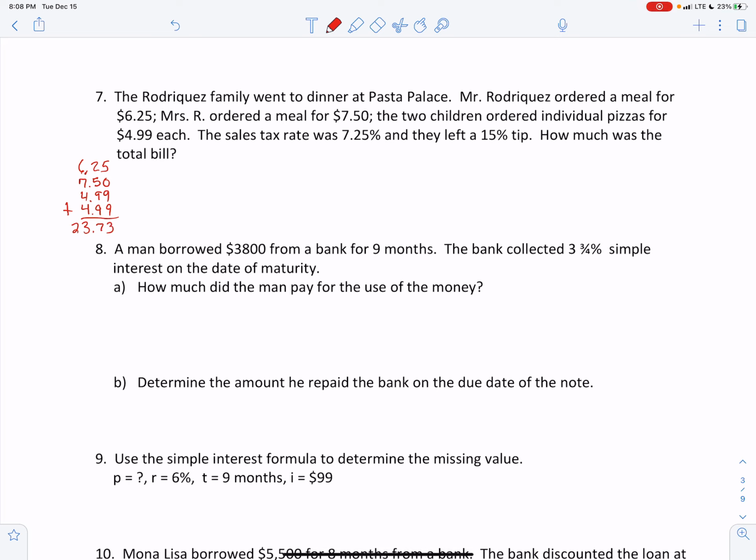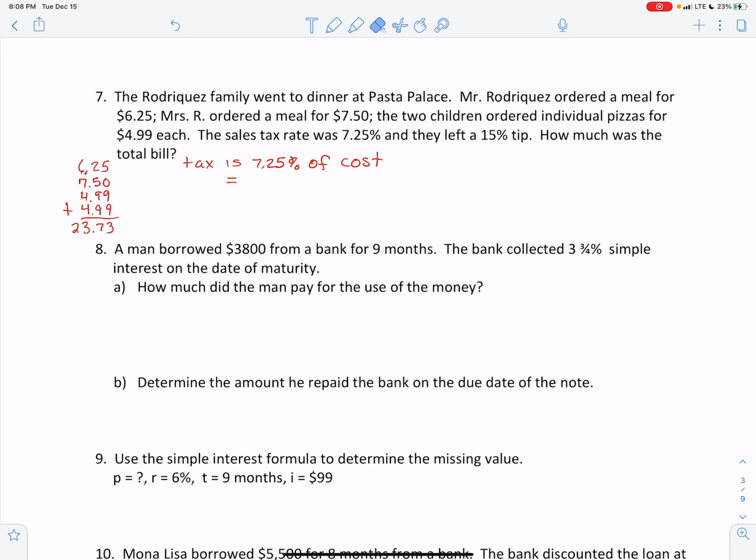Now they have to pay tax on that meal, and they want to leave a tip. So the tax is 7.25% of the cost of the meal. So "of" is replaced with equals.